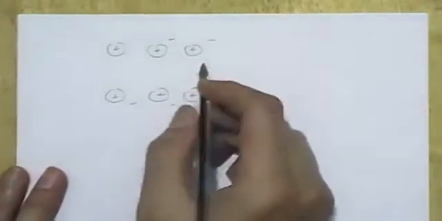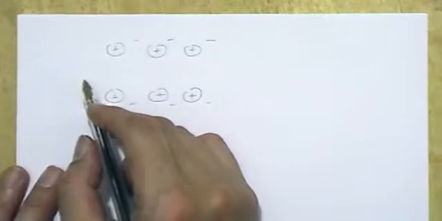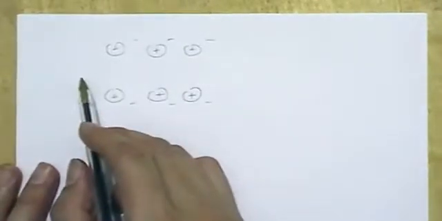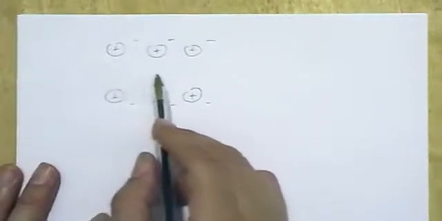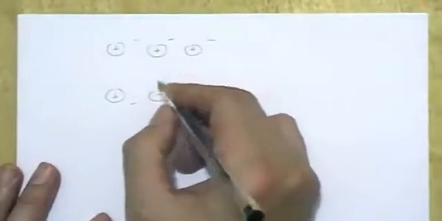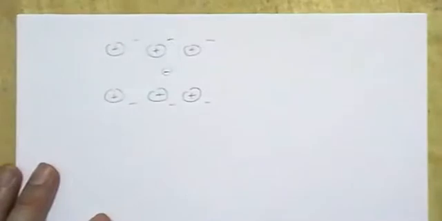Alright, so now suppose that there is an electron. Suppose that we follow an electron as it zooms past in between these ions. Okay, so for example, that might be an electron.